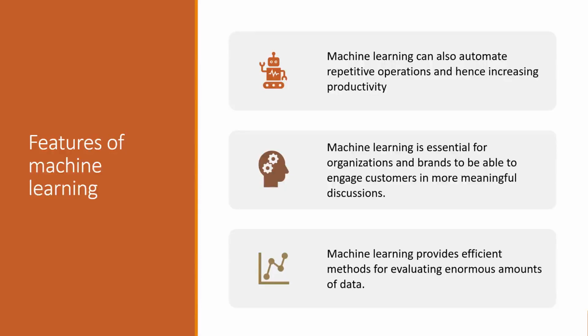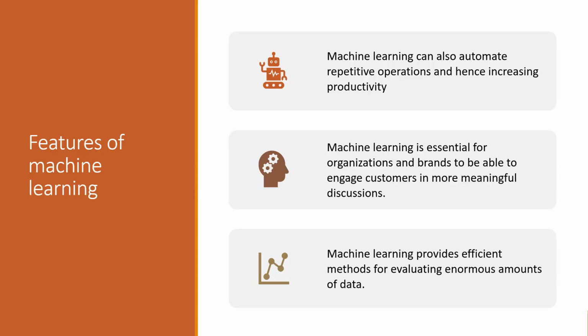Now let's move forward and understand some of the key features of machine learning. So machine learning provides several technologies for extracting rich data snippets from both structured as well as unstructured data. It can also automate repetitive operations, and hence increasing productivity is one of the most notable features of machine learning.